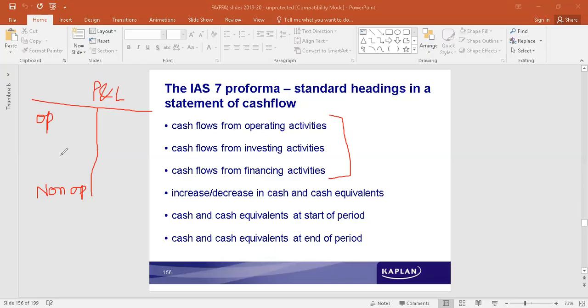Then these operating expenses, some of them are cash, some of them are non-cash. Depreciation, amortization, setting aside, anything which is written off. So those things are non-cash in nature.